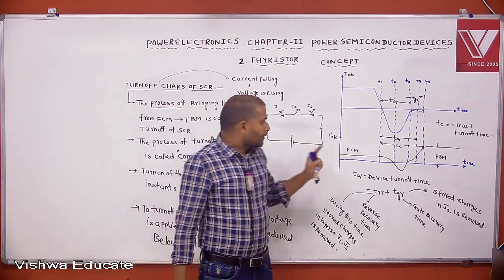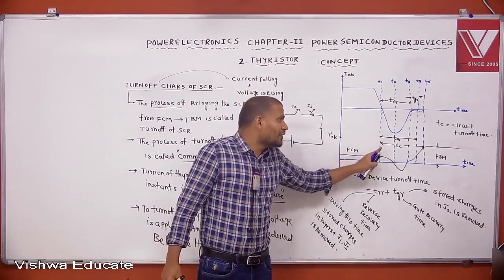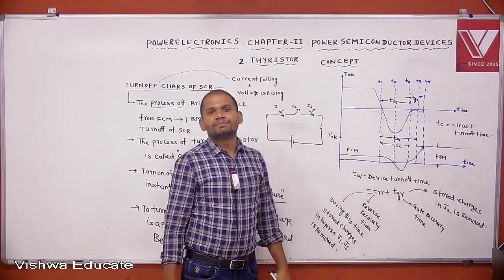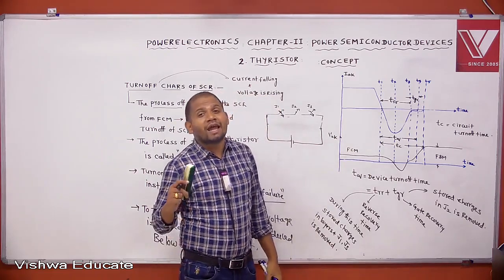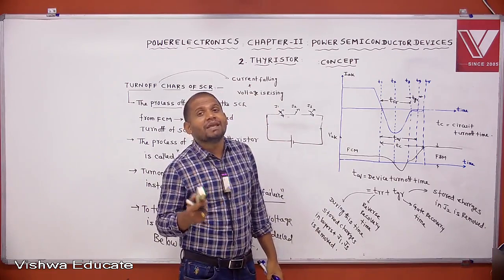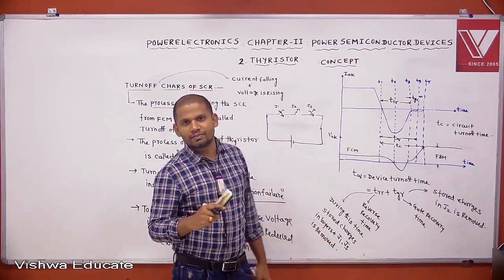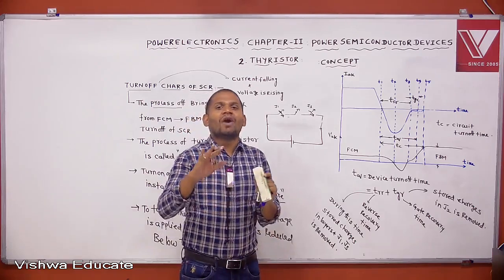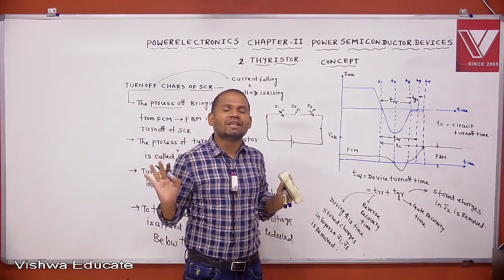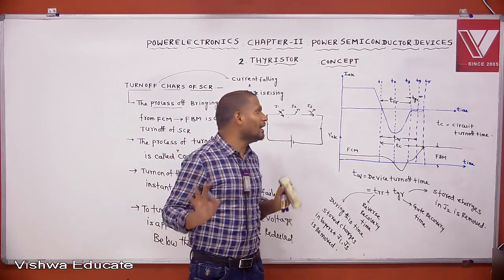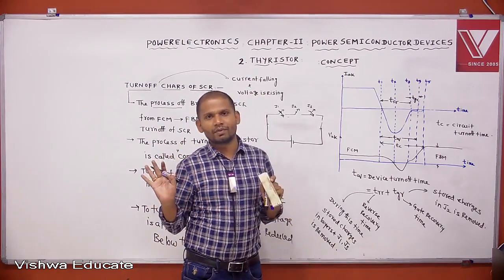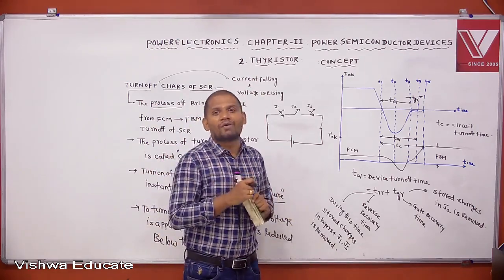Now, what is the device turn off time and what is the circuit turn off time? Device turn off time is the time taken by the device to complete its turn off process. For turn off of device, whatever the time is taken, that time is nothing but a device turn off time. What is the circuit turn off time?